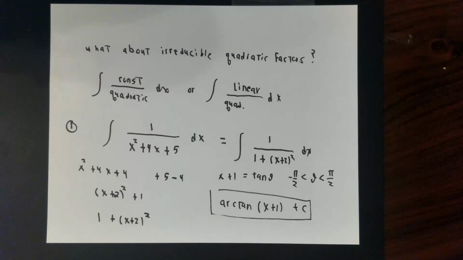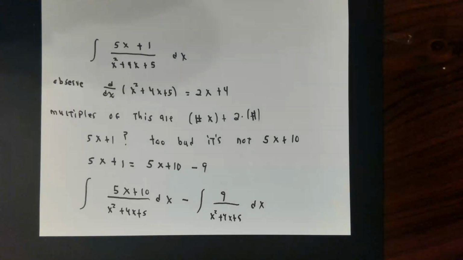The case of a constant is easy. In the integral 1 over x squared plus 4x plus 5, basically complete the square and then use one of our trig substitutions.